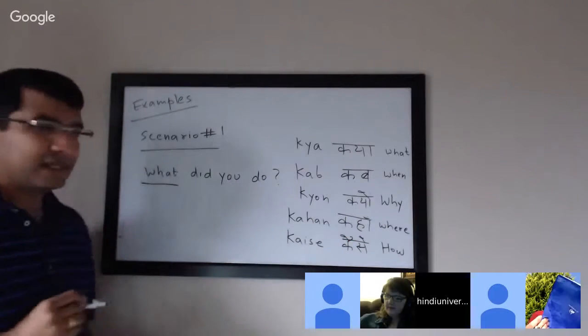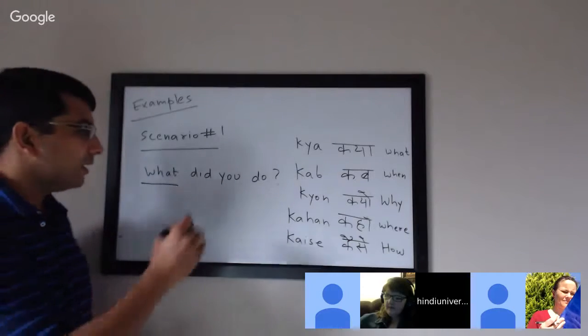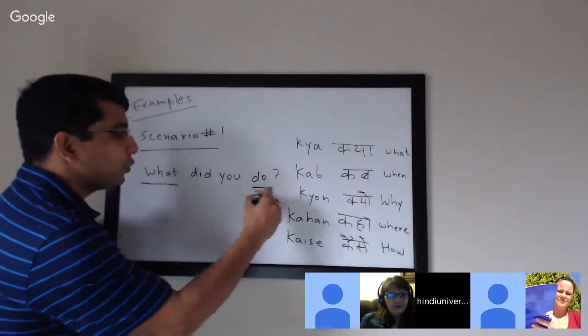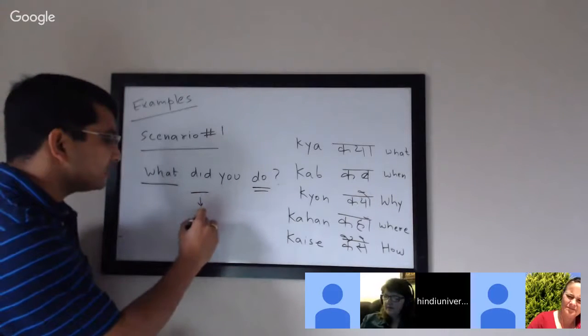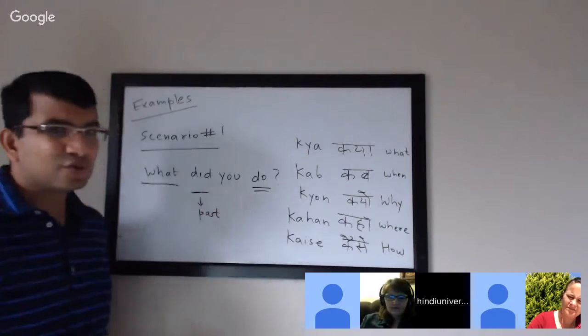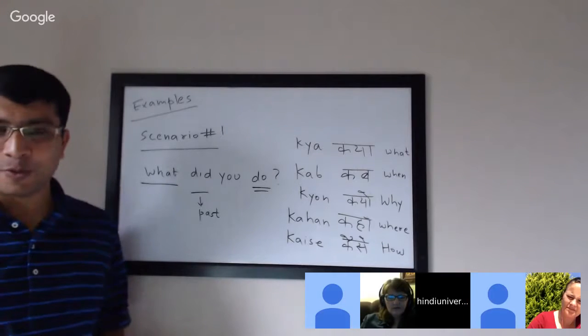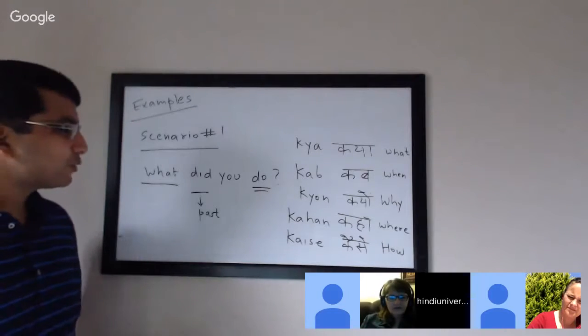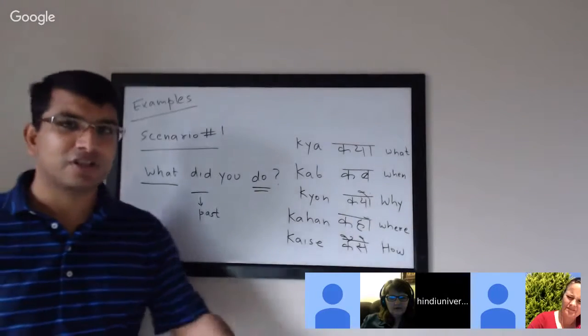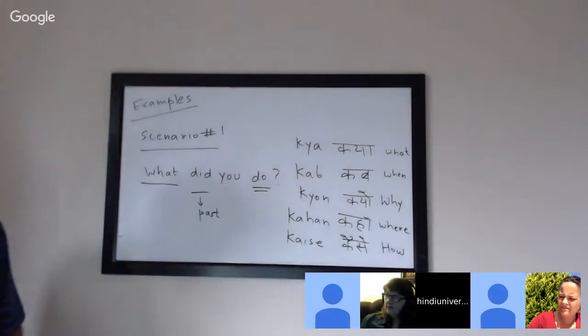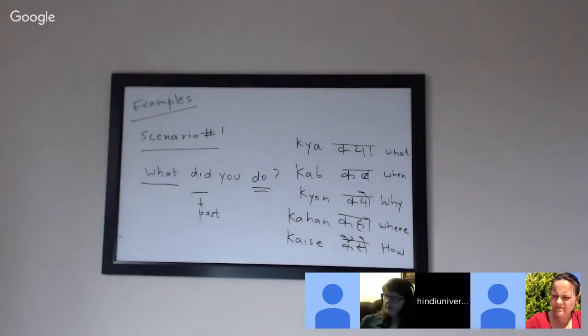You know how to say these interrogatives, what to do is karna, and right now it is used in the past tense. Okay, so there will be one form of karna. I want you to take it as an exercise and tell me how will you ask your friend what they did over the weekend.